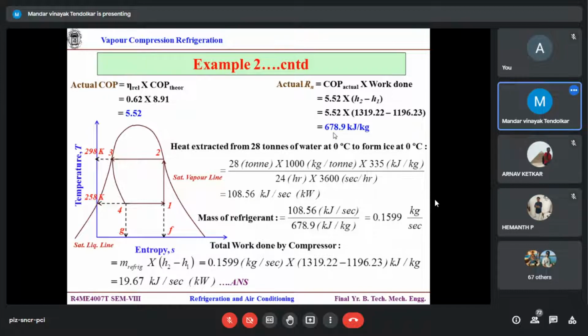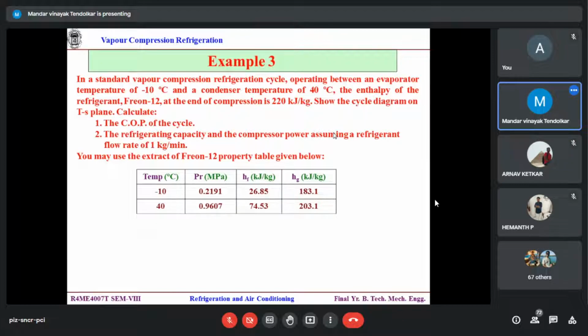Yes. Good. Third example. In a standard vapor compression refrigeration cycle. What does standard mean? Your point 1 is at the dry saturated vapor, and point 3 is at the saturated liquid. Okay, always remember this. Operating between the evaporator temperature of minus 10 degrees Celsius, condenser temperature of plus 40 degrees Celsius.